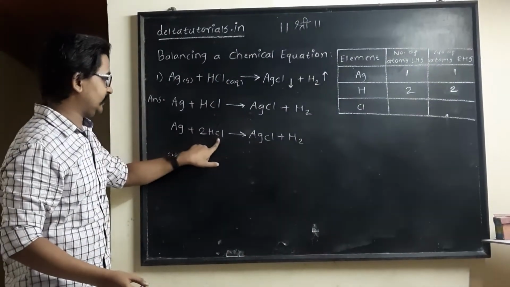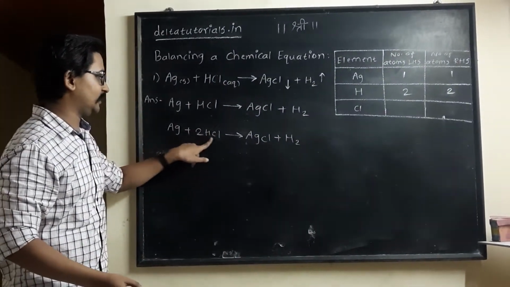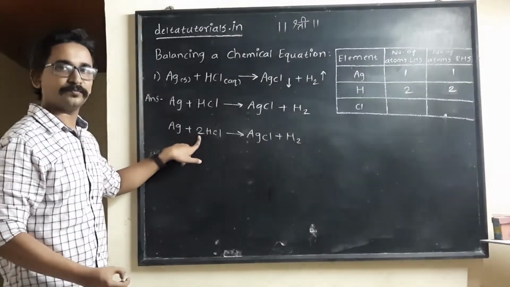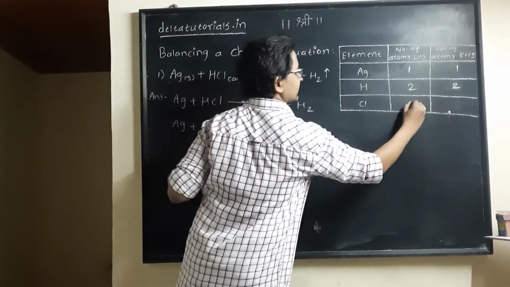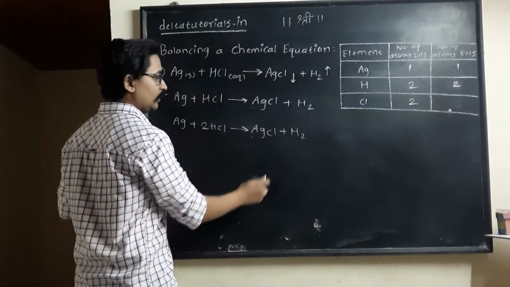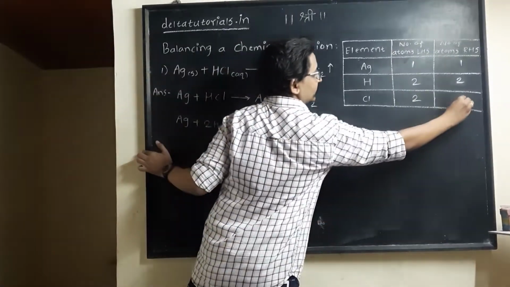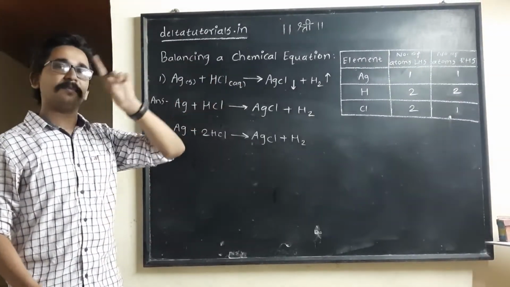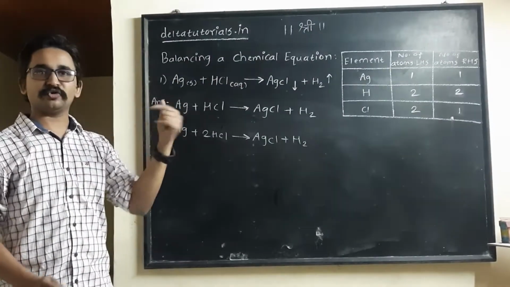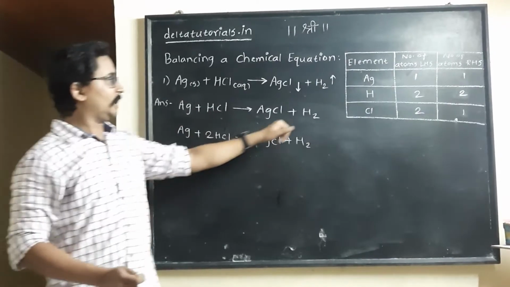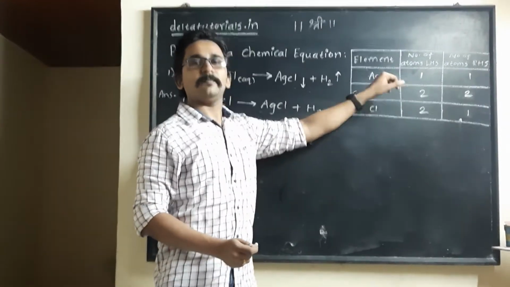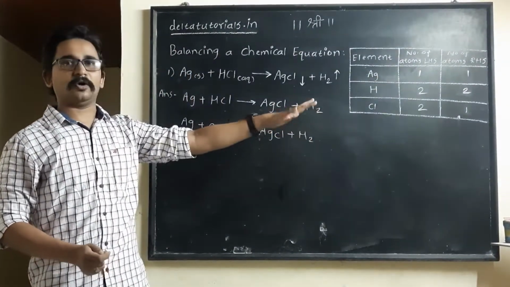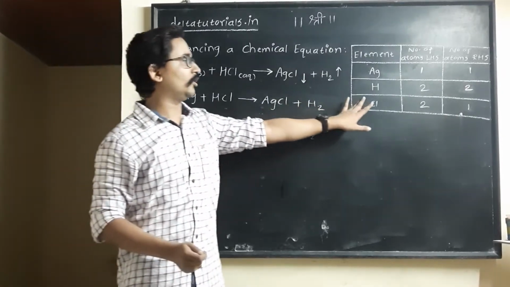If you see, HCl has a prefix of 2. So on the left hand side there are 2 atoms of chlorine and here only 1 atom of chlorine. Previously chlorine was already balanced with 1 atom on both sides. But when we balanced hydrogen, the balance of chlorine got disturbed.